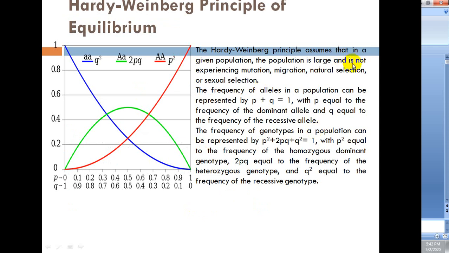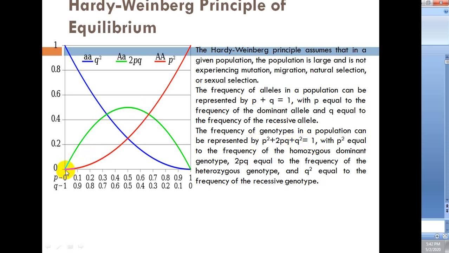The Hardy-Weinberg principle assumes that the population is large and is not experiencing disturbing forces like mutation, migration, natural selection or sexual selection, and the frequency of p and q is equal to 1, and so also the sum of the genotype frequencies p square, 2pq and q square will be 1.